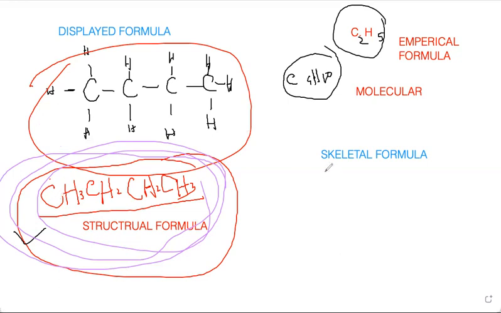So how do you show the skeletal formula? See, there are 4 carbons. This is the skeletal formula of butane. How would I know that this is butane? These corners are showing carbon: first carbon, second carbon, third carbon, and fourth carbon.